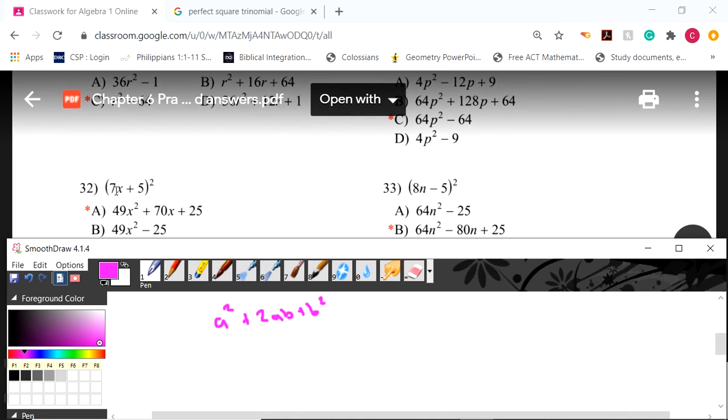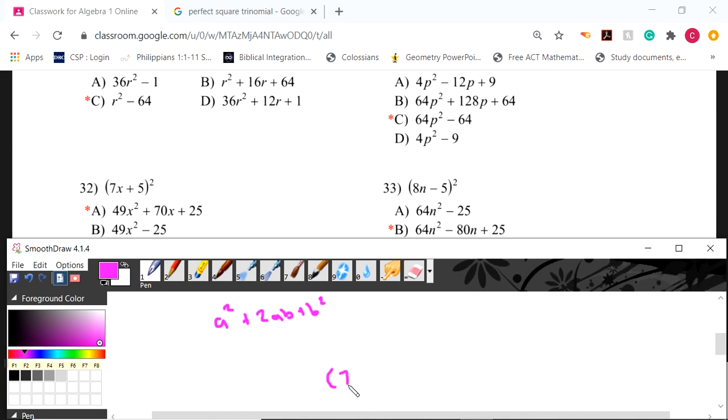Right? And remember, a is 7x, b is 5, so we got 7x squared. And this is just easier to FOIL. Some people don't like this formula, and they just go ahead and FOIL. I'm one of those that just goes ahead and FOILs. Times b, which is 5. Now, here's what kids in calculus will do because they forget. It's easy to forget all this stuff.